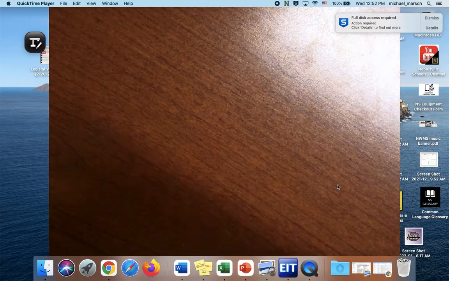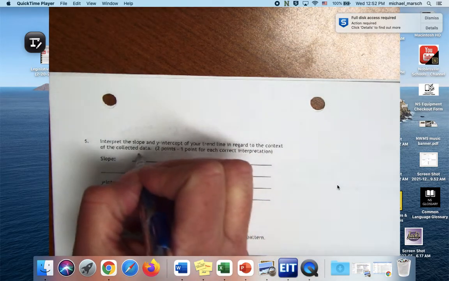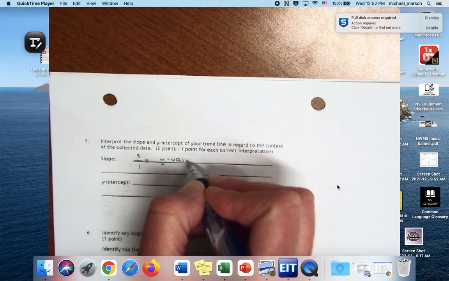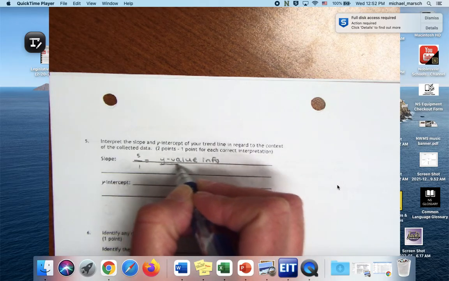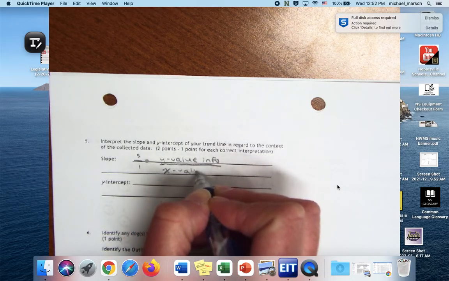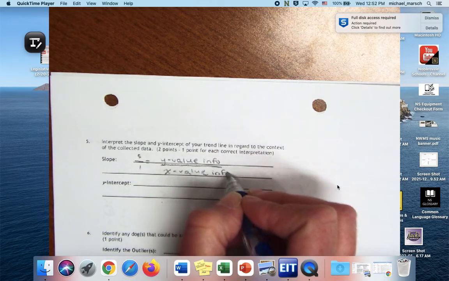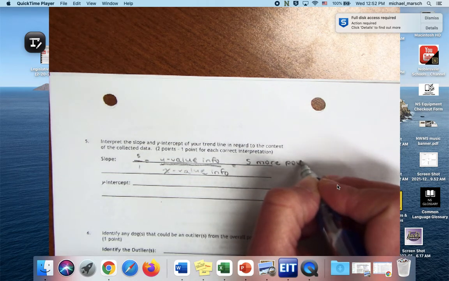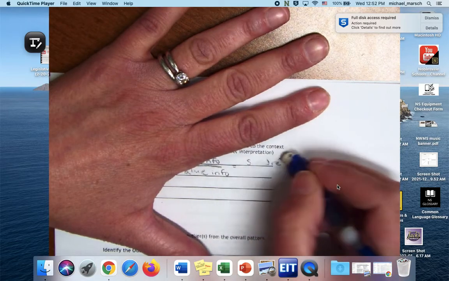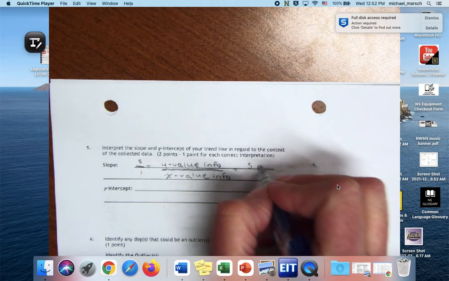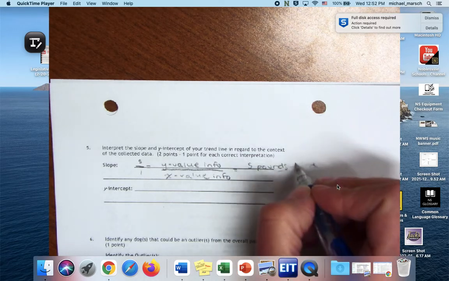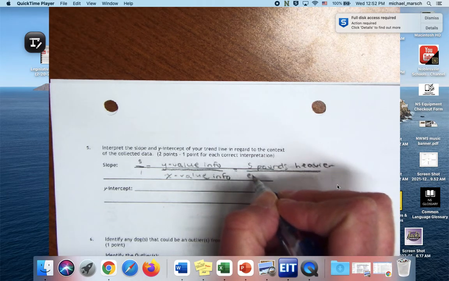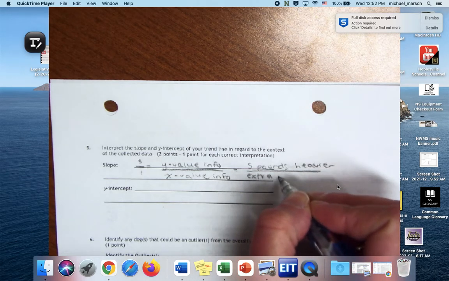And now I'm going to answer these last few questions. My slope is 5 over 1. Remember, that's the y value info over the x value info. So this is going to be 5 pounds heavier for every extra pound of food.